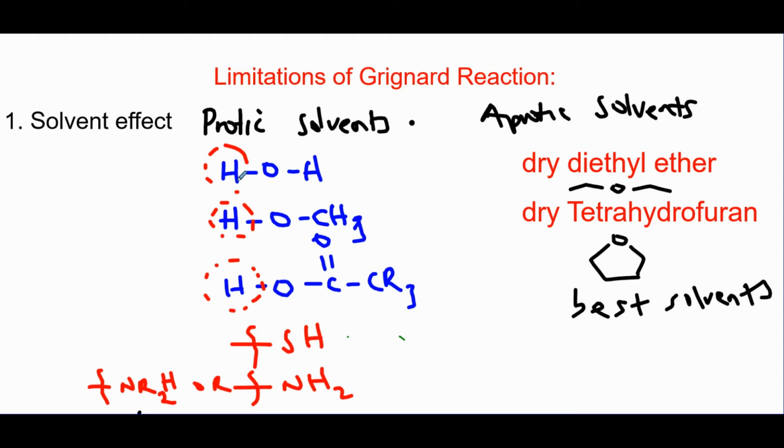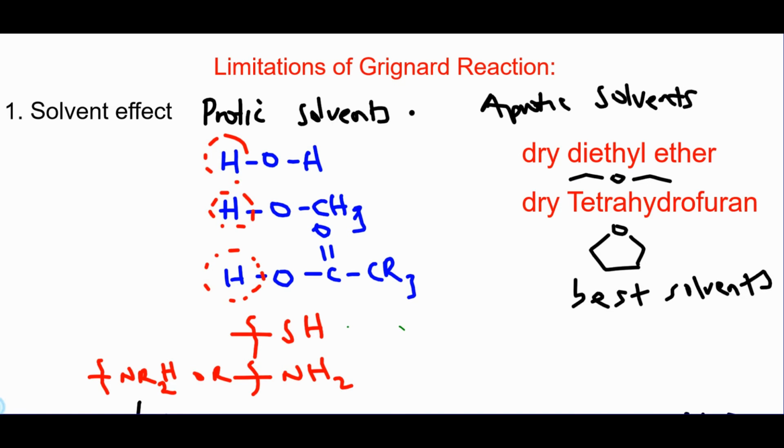Protic solvents have acidic hydrogens. The hydrogens circled here are acidic because they are directly bonded to at least an electronegative element like oxygen, sulfur, or nitrogen. So water, alcohols, carboxylic acids, thiols, and amines tend to kill Grignard reagents, and you don't want these to be anywhere in the flask.